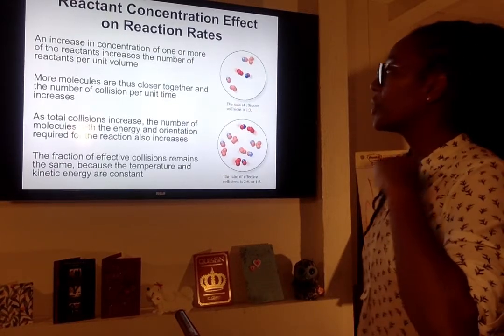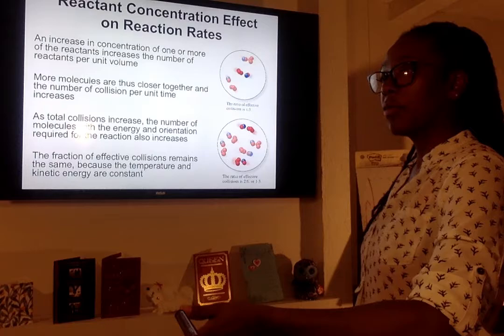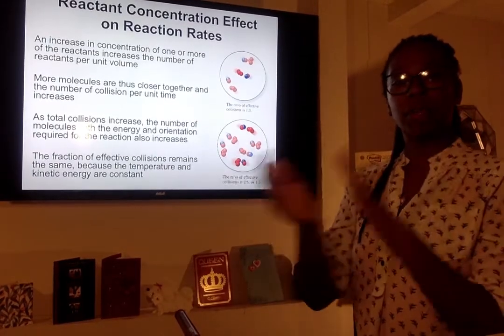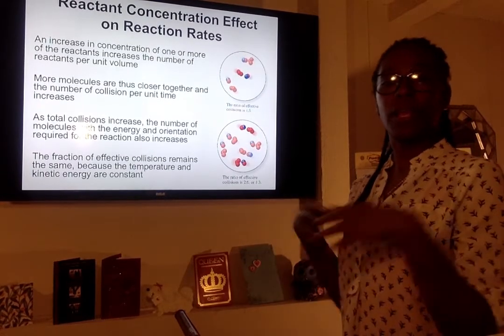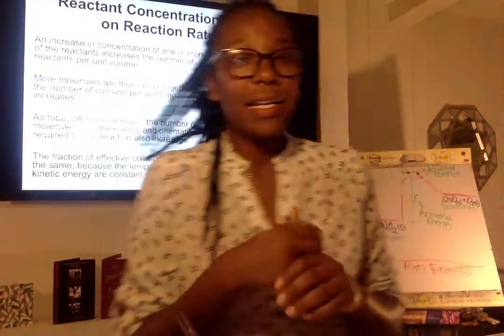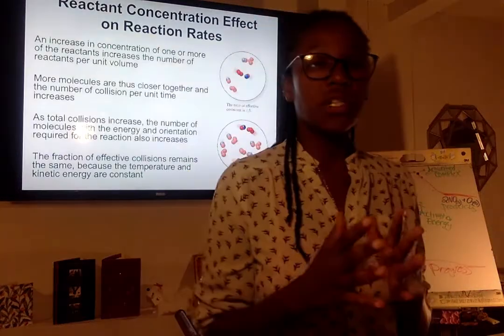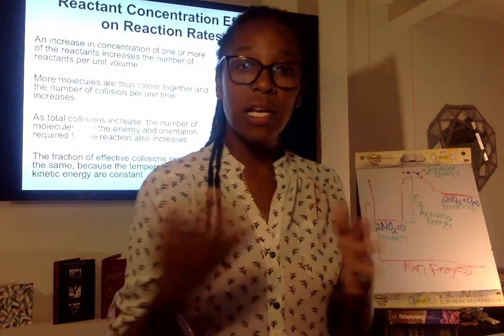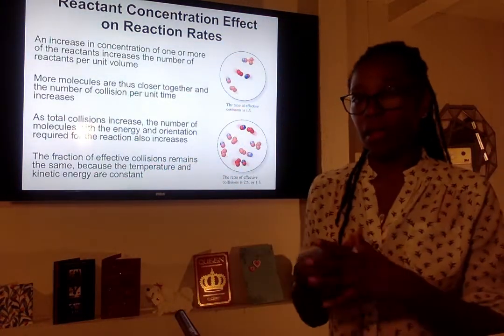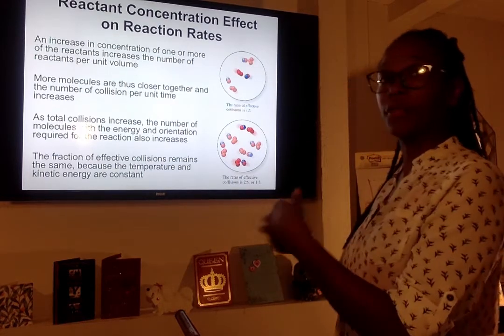So if your total number of collisions increases, that will increase the rate of reaction. The more they're hitting each other, the more they can react. If I collide, now I'm going to have a reaction. The collision theory is the concept of the reaction taking place, and the things you need in order for it to take place.